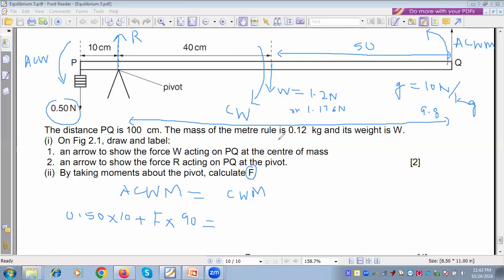What is the distance of W? 40, and I am taking 1.2 here, and this is 40 centimeter. So this is 0.5 times 10 is 5 plus F times 90, equal to 1.2 times 40, which gives me 48.